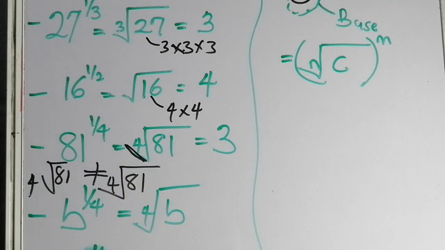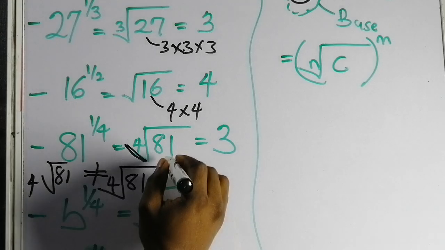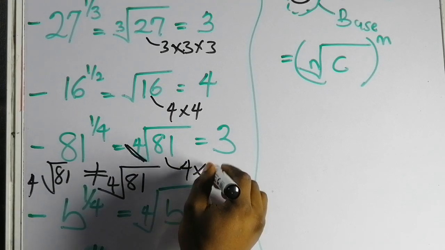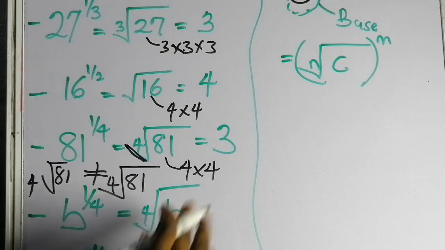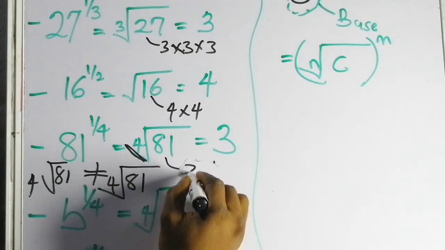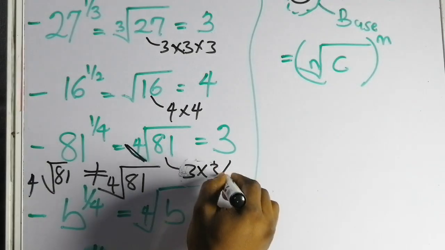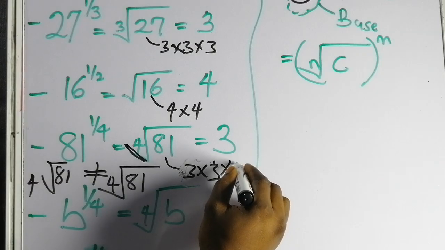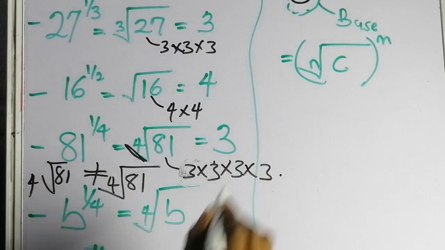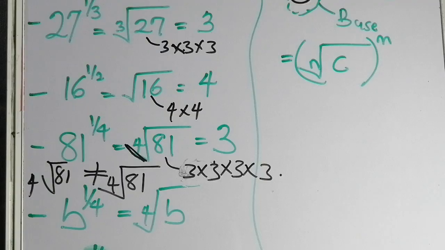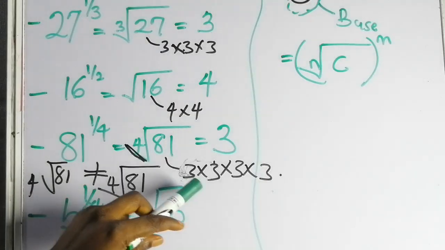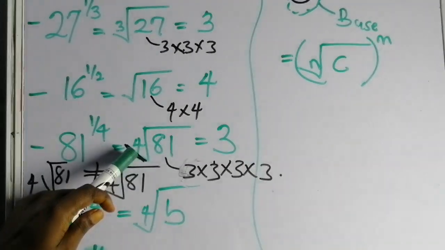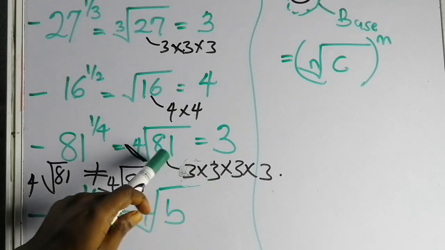So don't forget, 4 root of 81 means: what can I multiply 4 times to give me 81? So it means that I can multiply 4 times 4. Oh, I can multiply 3 rather. So 3 times 3, 9. 9 times 3, 27. 27 times 3 will give me 81. So it means I can multiply 3 four times to give me 81.